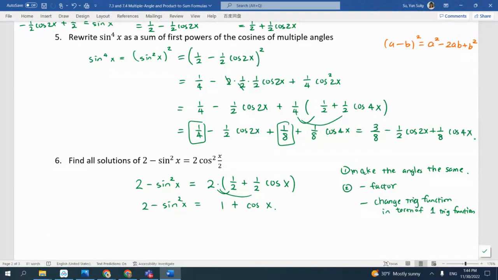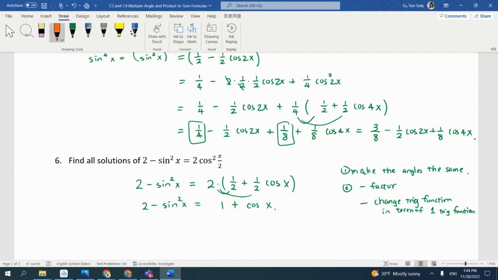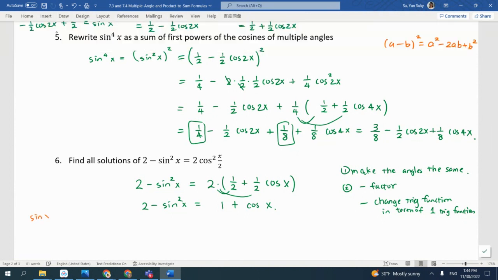Sine square is related to cosine square, right, everybody? The trig identity, sine square plus cosine square equals 1. So we can change the sine square in terms of cosine. So sine square is 1 minus cosine square.